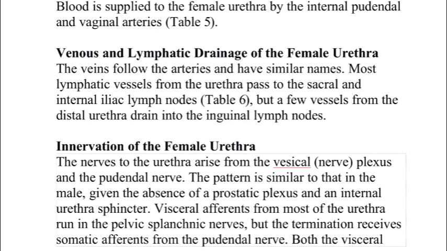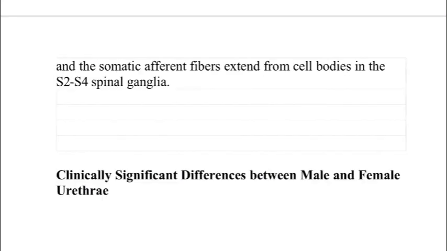There are visceral efferents from most of the urethra in the female running in pelvic splanchnic nerves, but the termination receives somatic efferents from the pudendal nerve. Both the visceral and somatic efferent fibers extend from cell bodies in the S2 to S4 spinal ganglia. That is where you have the second, third, and fourth spinal.